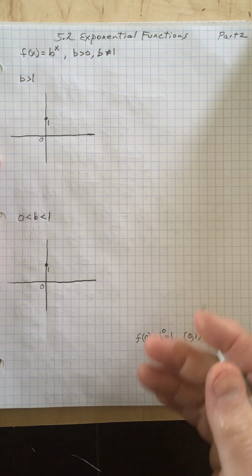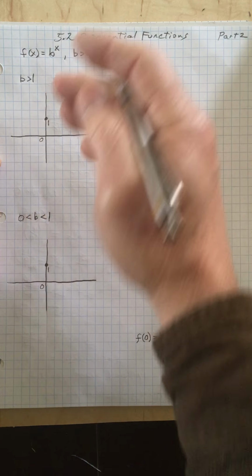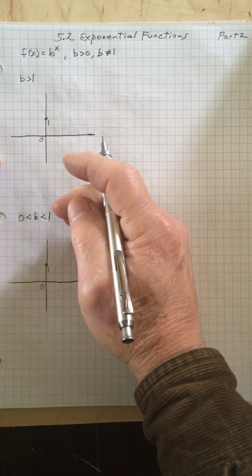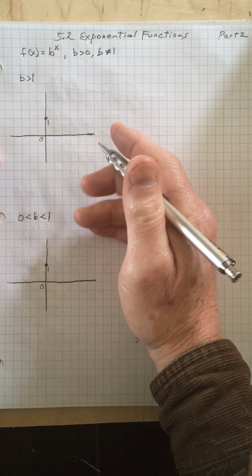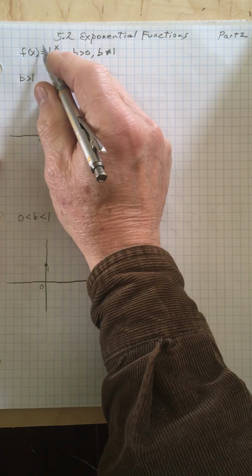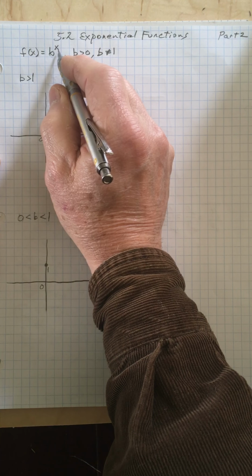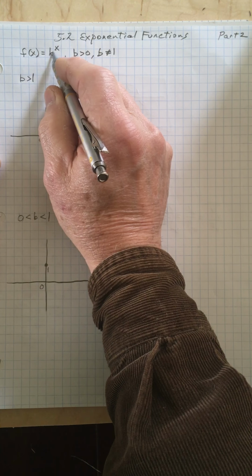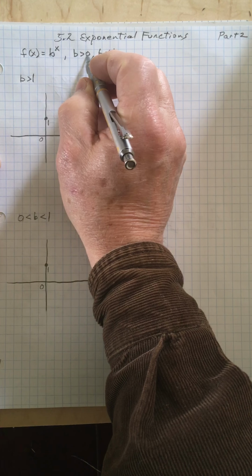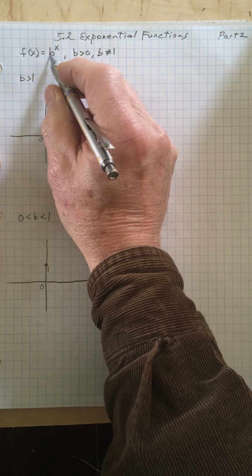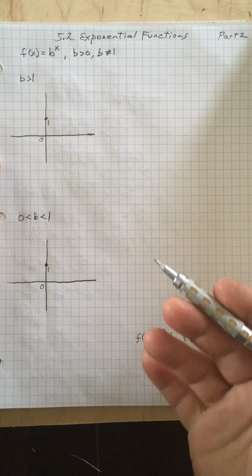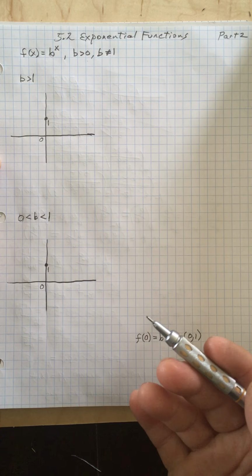Okay, so we know that. Another thing we know, regardless of the value of b, is you can never get the function to equal 0, because if I have a non-zero number, it's got to be greater than 0, and I raise it to any power, it can never become 0.